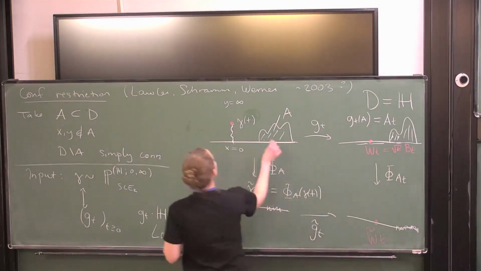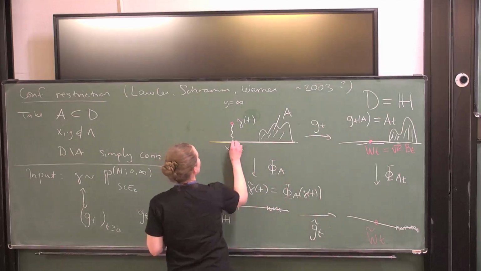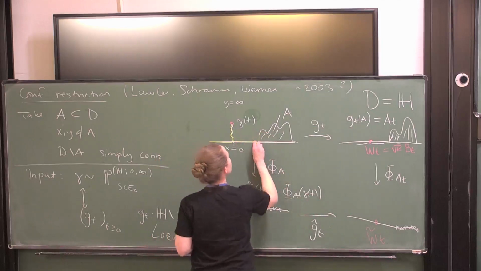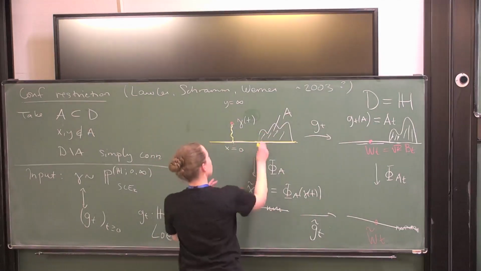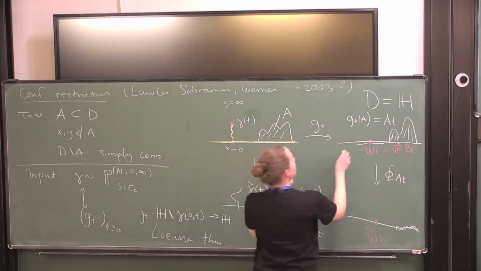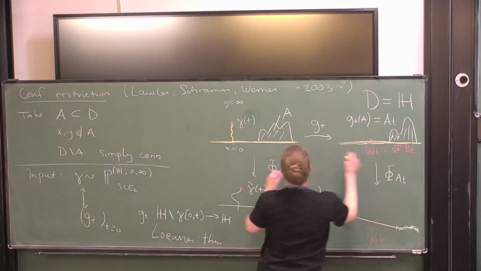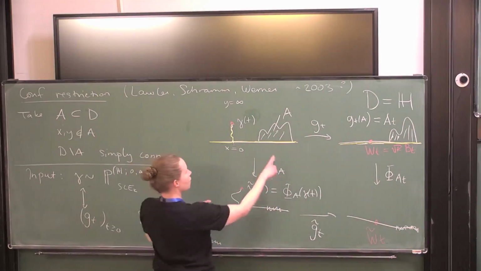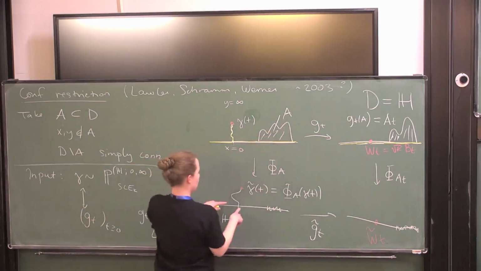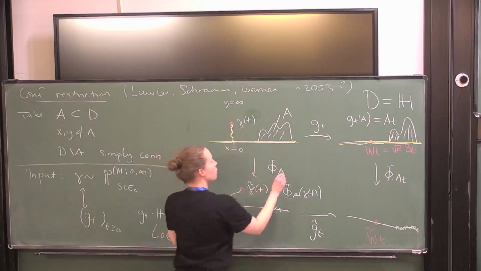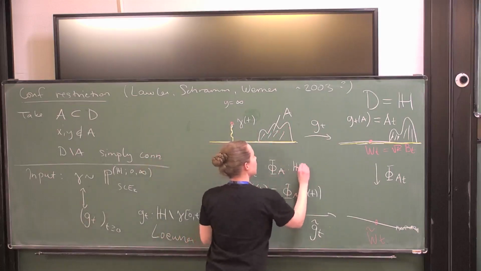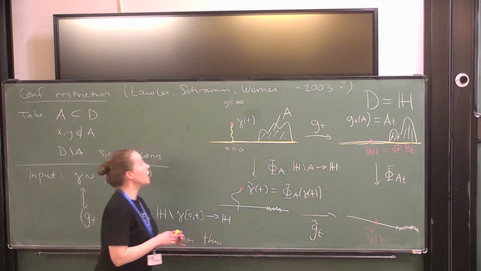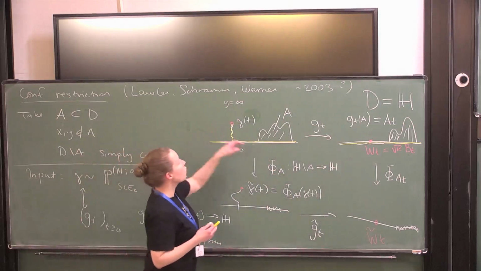So maybe the boundary of the domain of definition: GT is like that, and then it's collapsing there, and this blob is just moving. While here, I'm maybe running out of colors, so this is collapsing A and keeping this one. So this is going to go from H minus A to H. So either you collapse the curve or you collapse the blob.